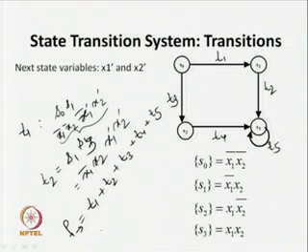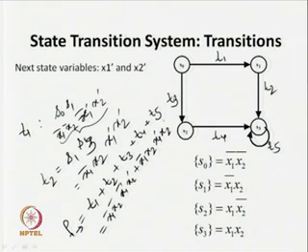Transition T1 will be represented by x1 bar, x2 bar, x1 prime bar, x2 prime, plus x1 bar, x2, x1 prime, x2 prime, and like that I can write the expression.